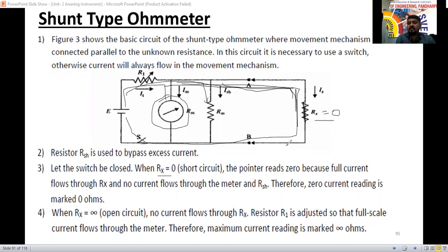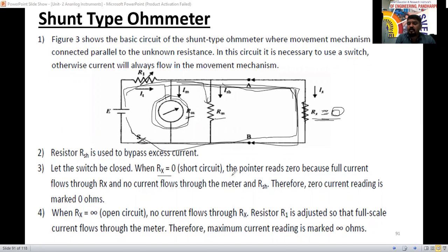No current will flow through the meter because here Rm is there, here RSH is there, and here the resistance is 0. So all the current will flow through this resistance only, and the meter will deflect 0. If the unknown resistance is 0, then the meter will also deflect 0.